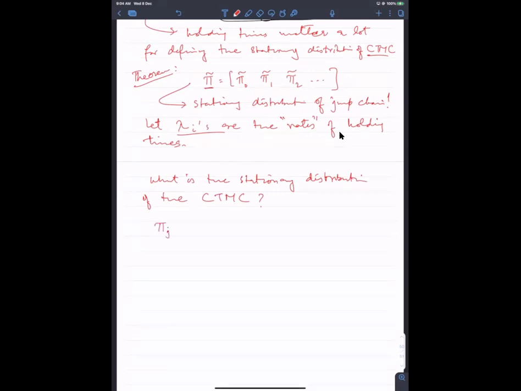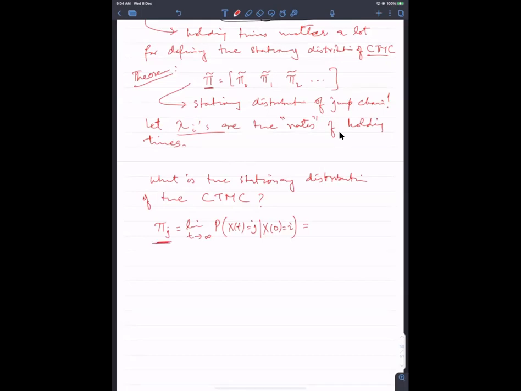pi j would be equal to limit t going to infinity probability x of t is equal to j given x0 is equal to I, and this will be equal to normally this would have been pi j divided by sum of all the pi's.